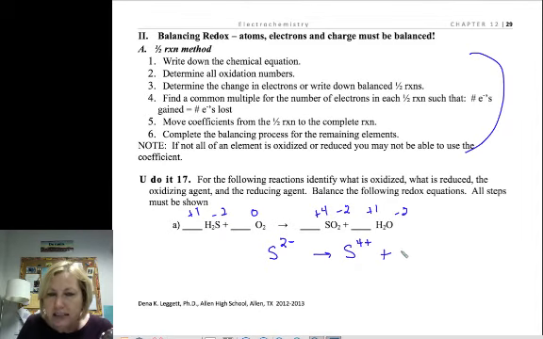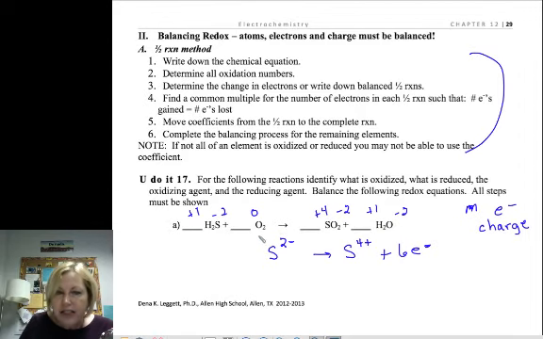It lost 6 electrons. Now we're balancing electrons and also charge. What I would recommend doing, because I've messed up before, double check that your charge is equal on both sides. You might catch yourself putting the electrons on the incorrect side if you do that. 6 negatives plus 4 positives is -2, and I have -2 on the other side.